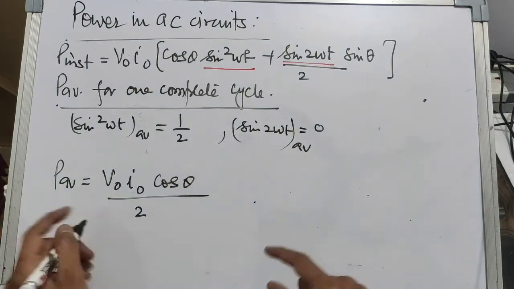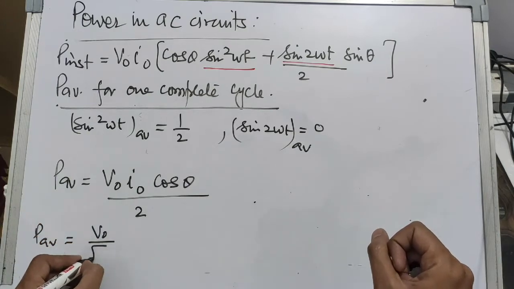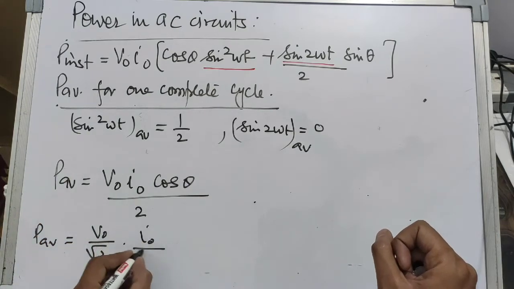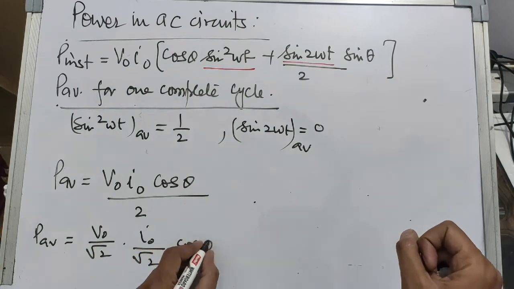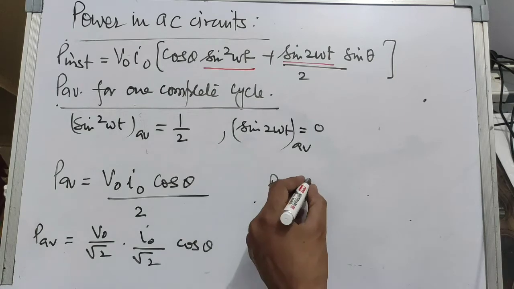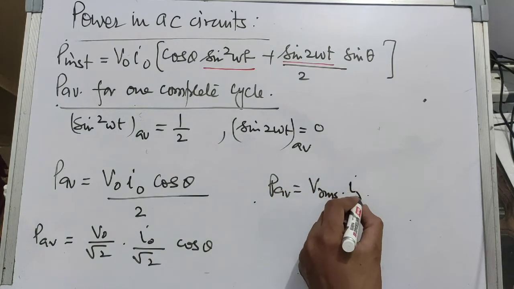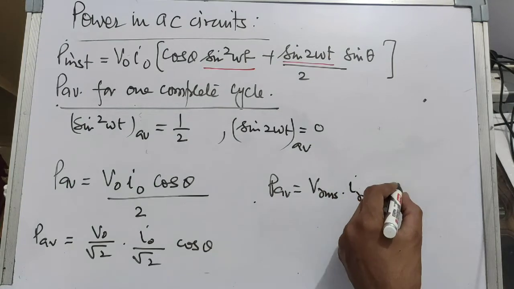Simplifying more, I can write this as V naught by root 2 into I naught by root 2 into cos theta. V naught by root 2 is V RMS, and I naught by root 2 is I RMS, into cos theta.